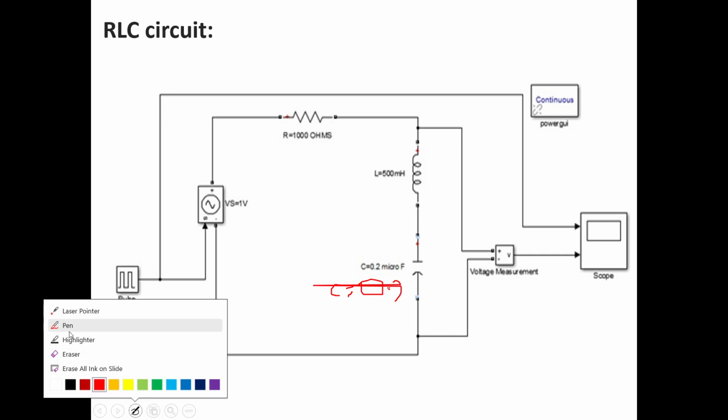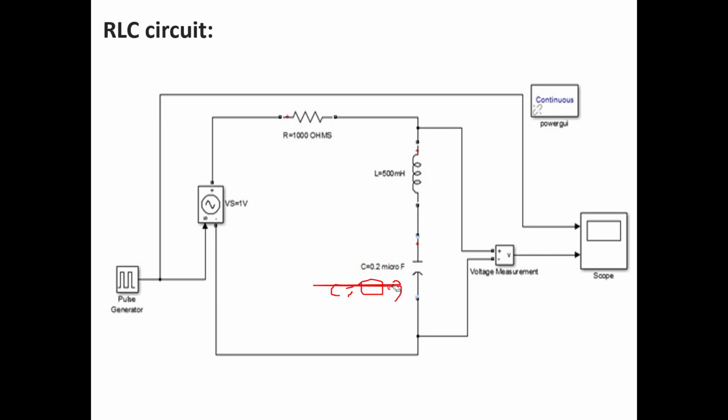I'm unable to write the 2 here, but I am trying my best. 0.2 microfarad. The L value is 500 millihenry. Resistance is 1000 ohms. All these RLC elements are connected in series.